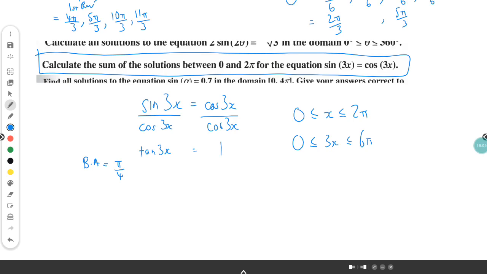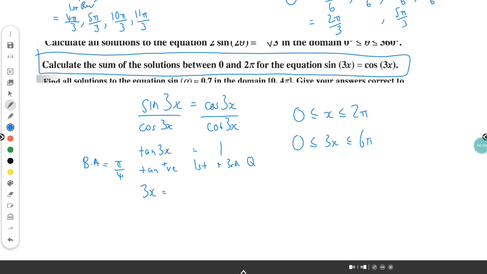Where is tan positive? What quadrants? 1 and 3. So tan positive, first and third quadrant. Beautiful.